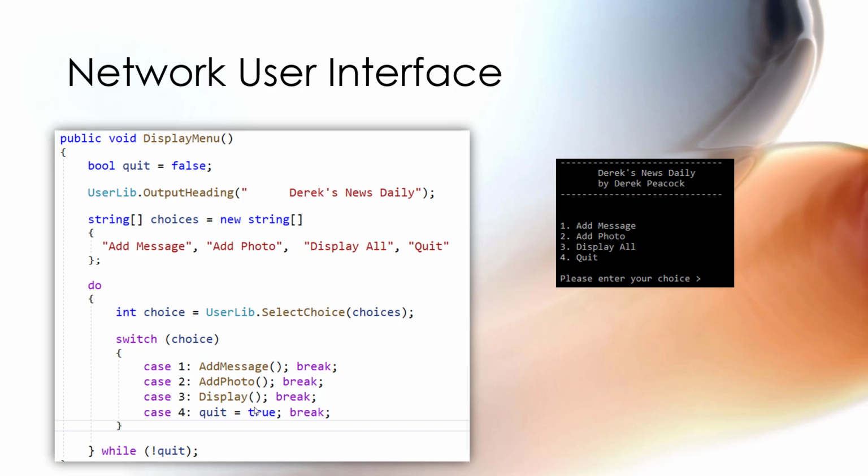These aren't all the choices. There are 8 features that need to be covered. I'm just going to do 3 of them. So we're using our console helper to output a heading and also to set up a list of choices for the user to select. So let's do that first. It should look something like this.